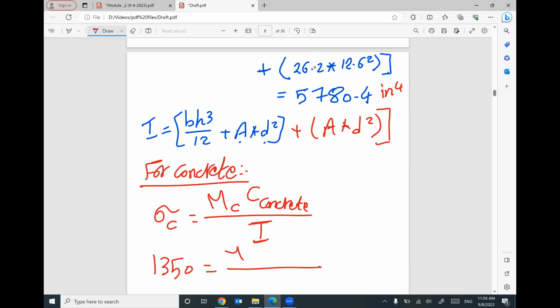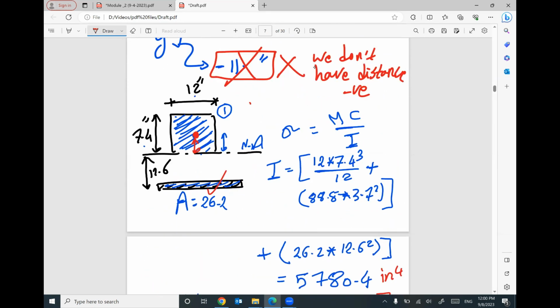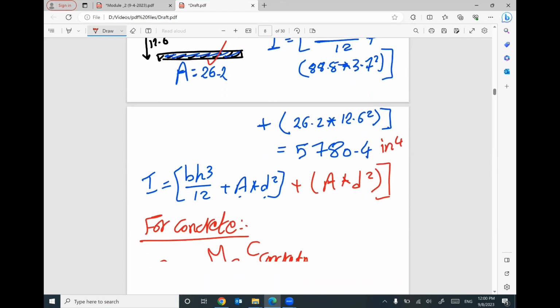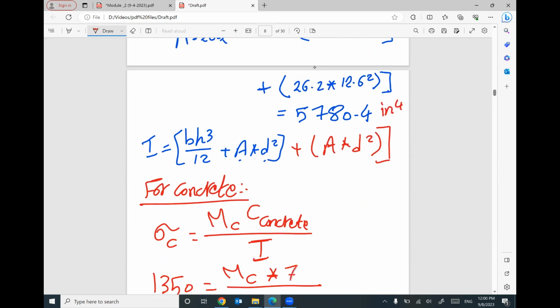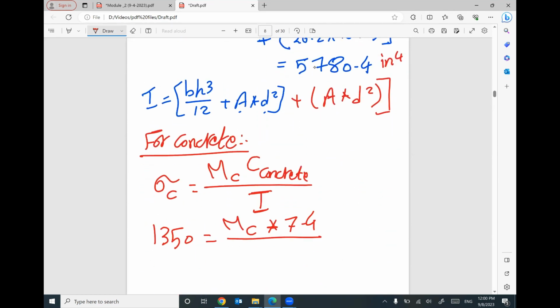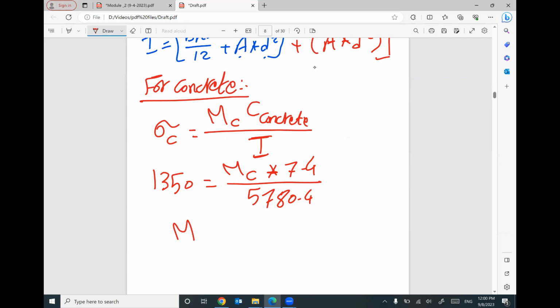Equal M concrete, I don't know the value of the moment. The distance for concrete is the distance between your neutral axis and the top, because this is the concrete. C concrete equals 7.4, divided by the I, 5,780.4. The only unknown in this expression is your moment regarding concrete.